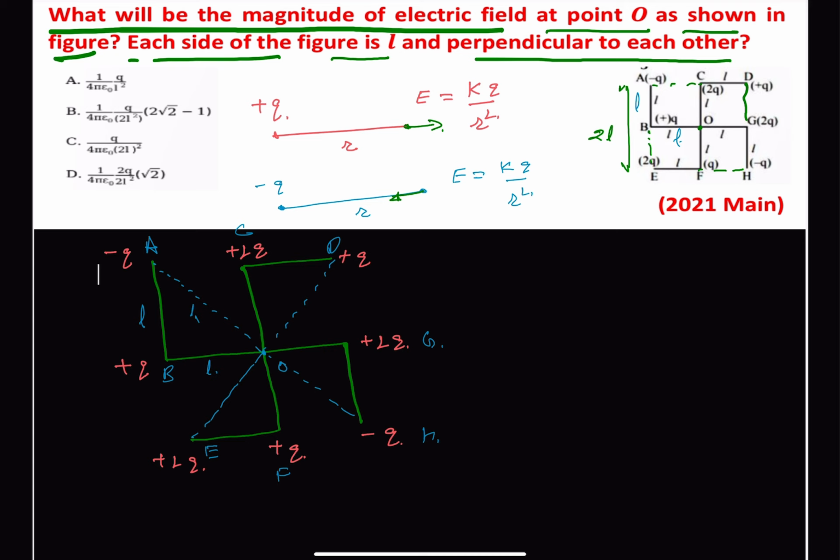Similarly, it will also be L times square root of 2, L times square root of 2, and here we have L times square root of 2.